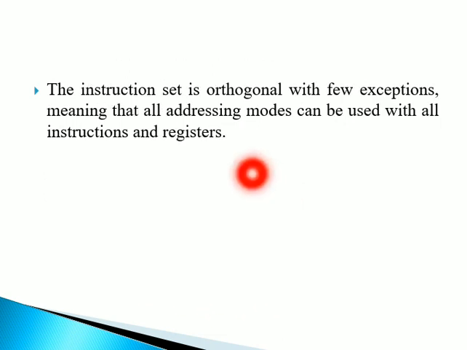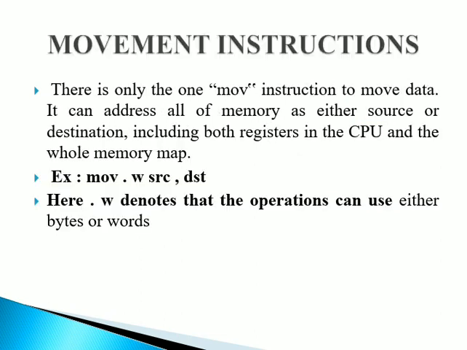And this instruction set is orthogonal with a few exceptions, meaning that all addressing modes can be used with all instructions and registers. First let us see the movement instructions. There is the word move, which will move your data.